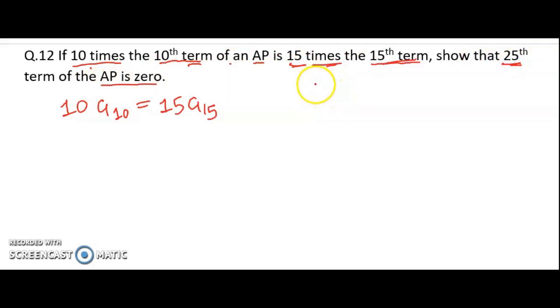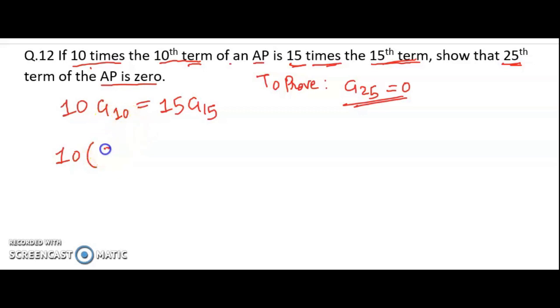So here we have to prove a25 is equal to 0. First of all, solve this 10 times the 10th term.